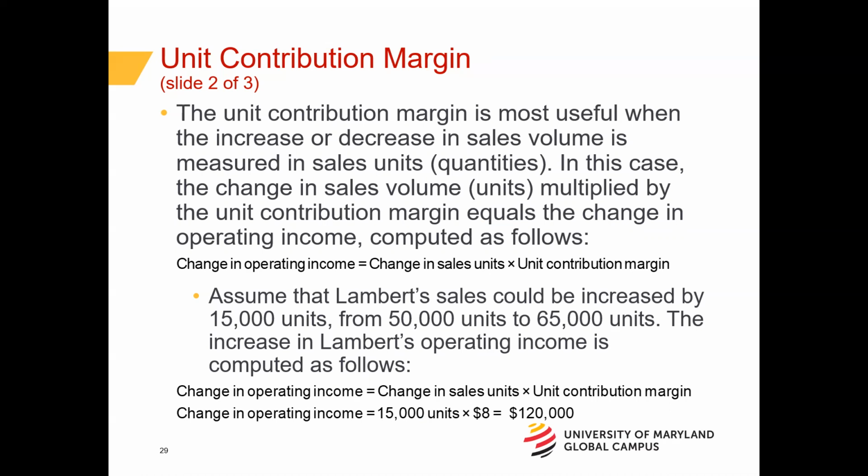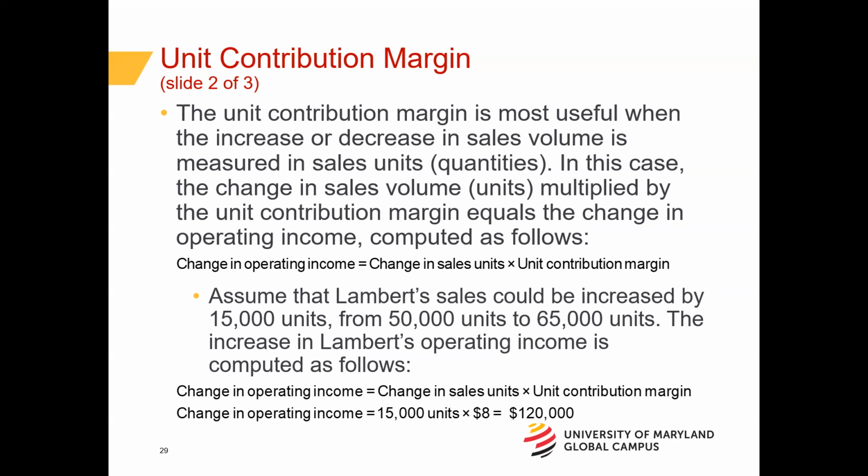So we run our calculation. Change in sales units, 15,000. I sold an additional 15,000 units, times my unit contribution margin. Remember, unit contribution margin is your sales price minus your variable cost.